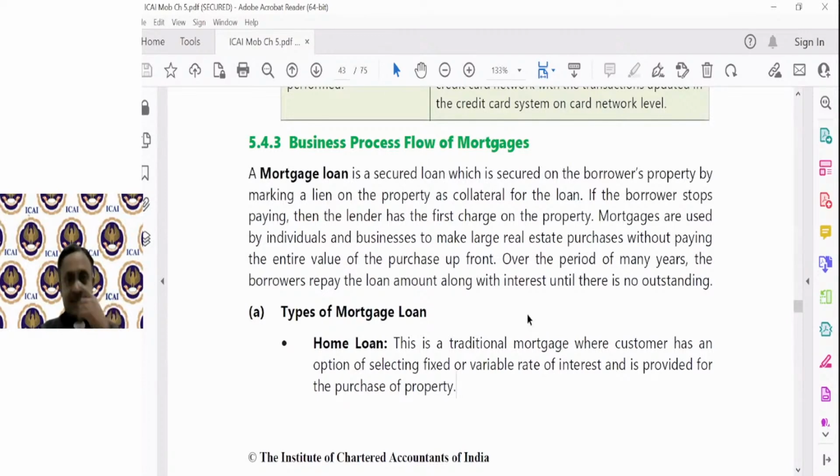In fact, just as an example, you go to any commercial project or any residential project that is under construction. If you physically go to the site, you find boards of the bankers being put there that this residential complex, this residential apartment has already been sanctioned by A bank, B bank, C bank.